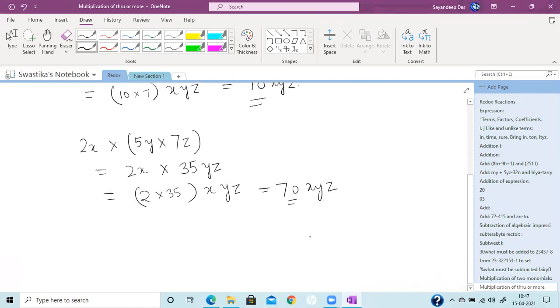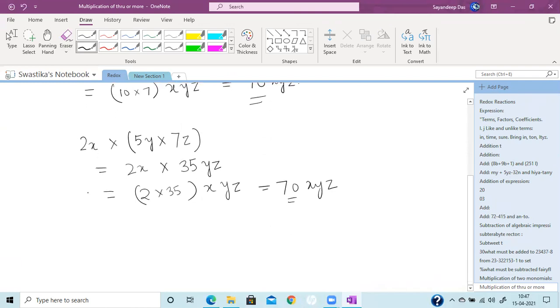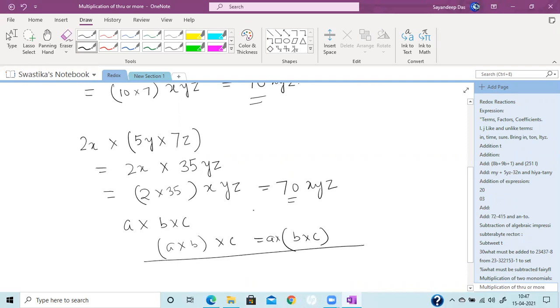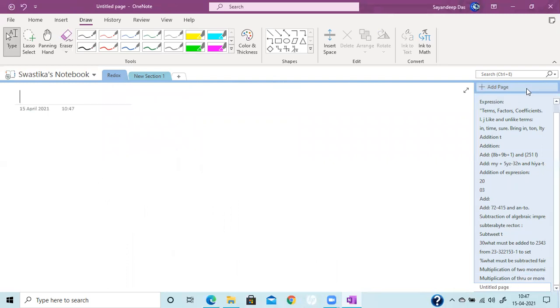That means if you are multiplying three monomials, suppose a into b into c, you can apply this rule: (a into b) into c is equal to a into (b into c). Both ways, the answer will be the same. So this is the way by which we can multiply the three monomials. I hope it is clear for all of you. Now we'll see some more examples.